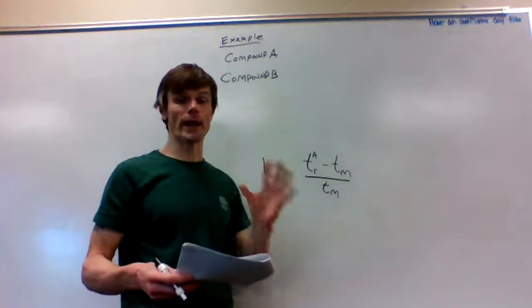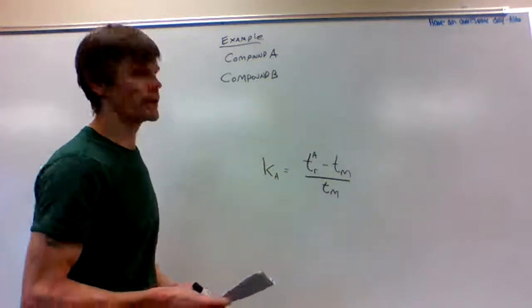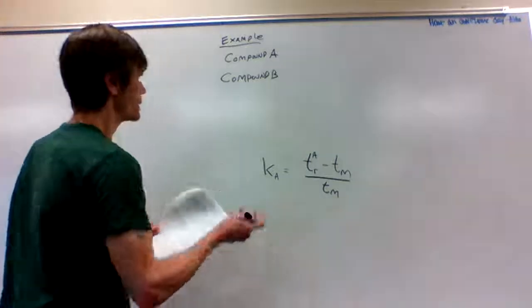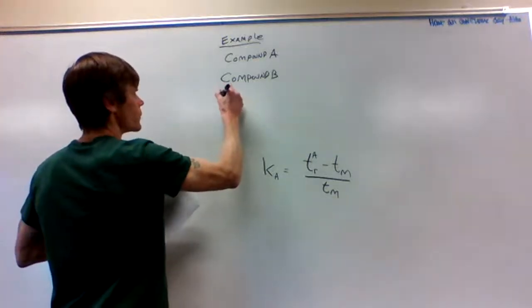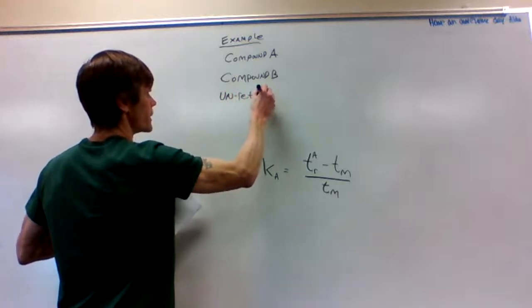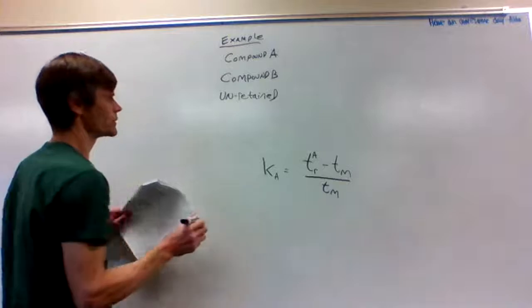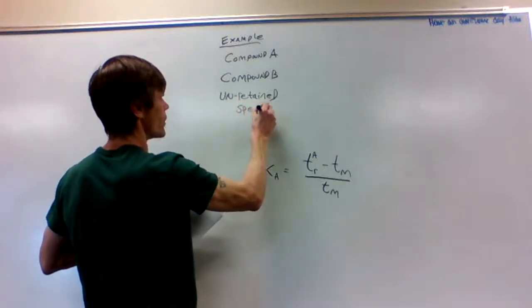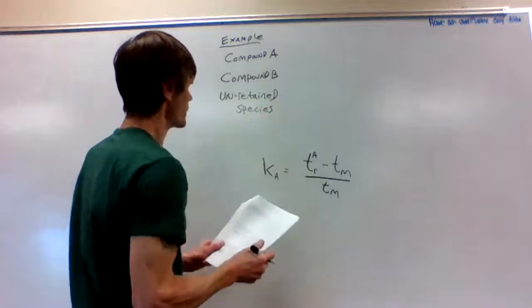The information that we have in this experiment also involves a non-retained species, or an unretained species. I probably should have used non-retained. Sometimes I don't use proper English. An unretained species is also involved in this experiment.